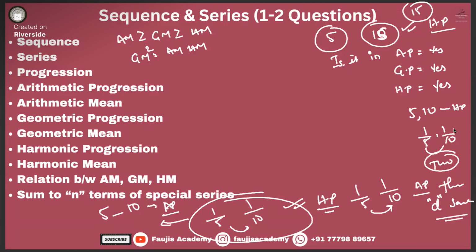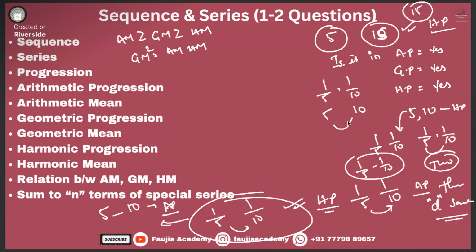Over here, if this is HP, then the corresponding AP will be this, and their common difference will be this. But if you assume this one as the HP, then the common difference will be this. Look, buddy, whenever we are dealing with two terms, those two terms are always in AP, GP, HP, all of it.